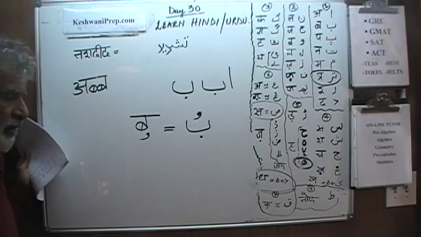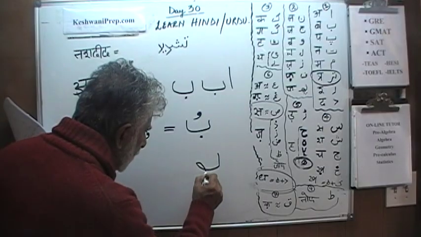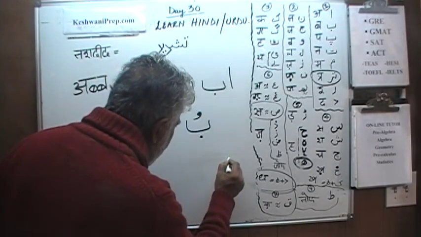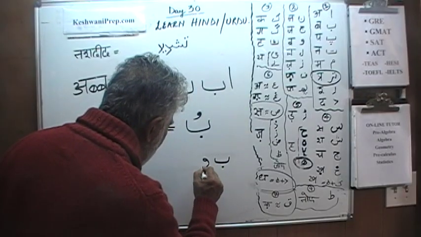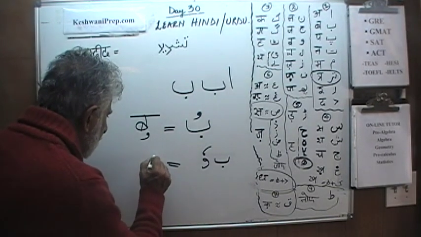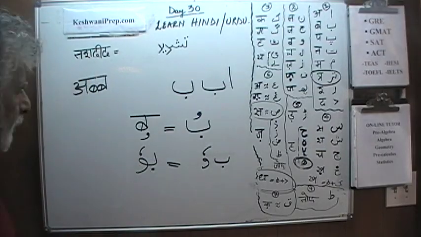If you want a badi u ki matra, for badi u ki matra we need a vowel. For badi u ki matra, the be has to join with vowel with ulta pesh. Now it's boo. Be, wow, and ulta pesh. Boo.